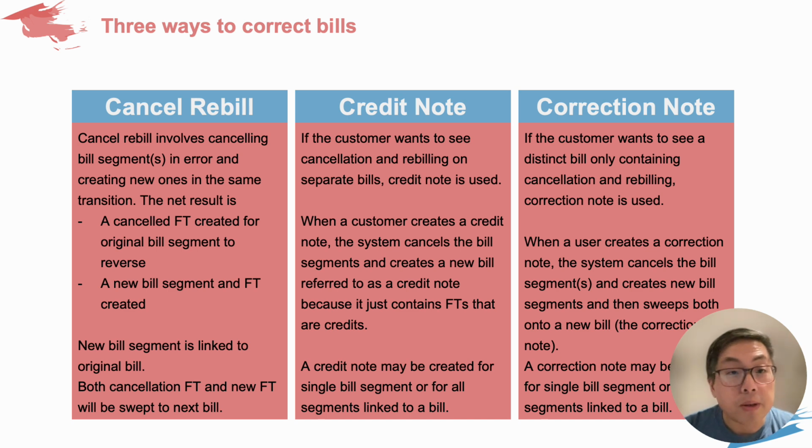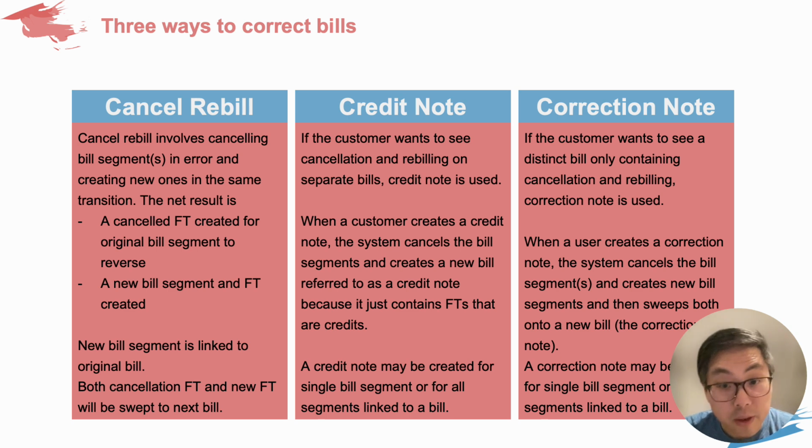Second option is credit note. If the customer wants to see the cancellation and rebilling on separate bills, credit note is used. That means when a user creates a credit note, the system cancels the bill segment on the original bill.